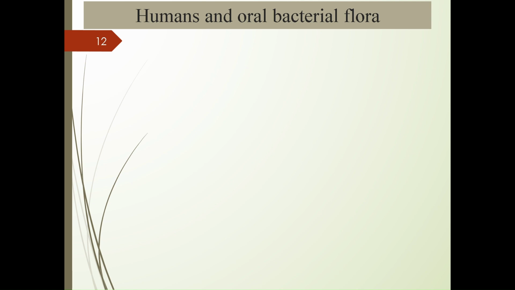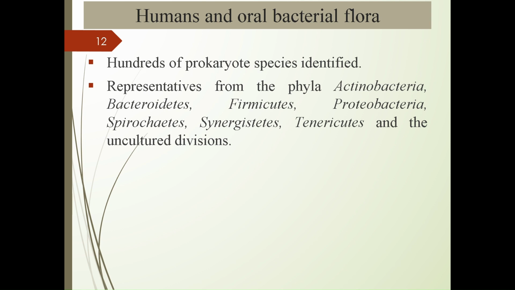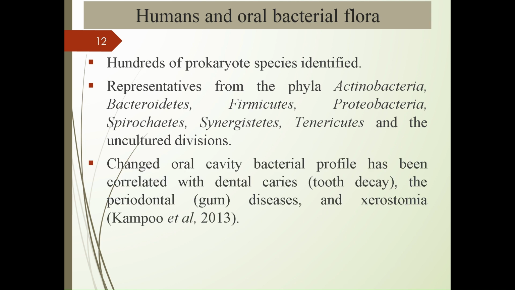So I will present my work related to our oral bacterial flora analysis. There are hundreds of bacterial species present in our oral cavity, in our mouth, and these are different phylogenetic representatives of bacterial species. It is said that in different disease conditions, the oral bacterial flora has been observed to change.